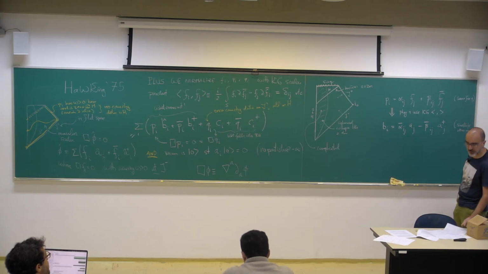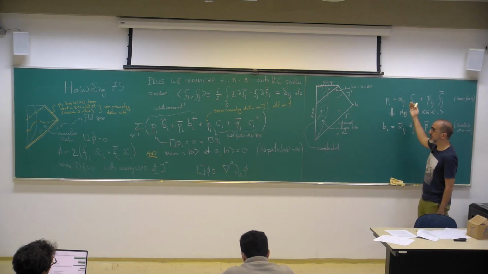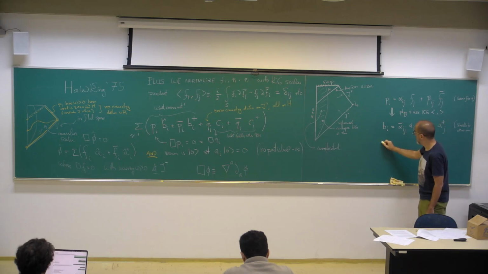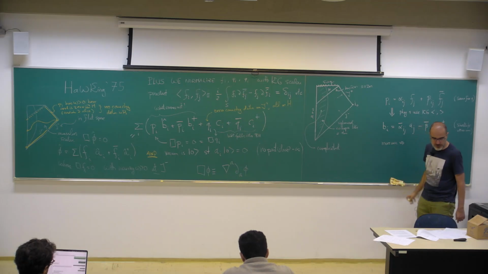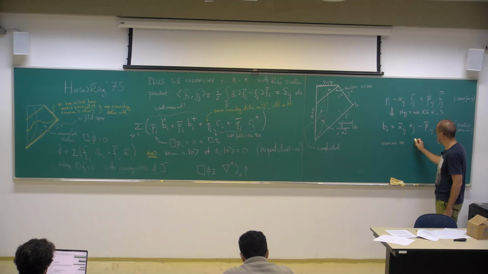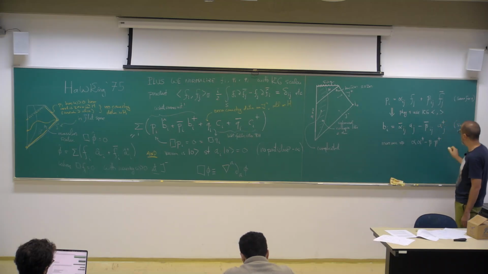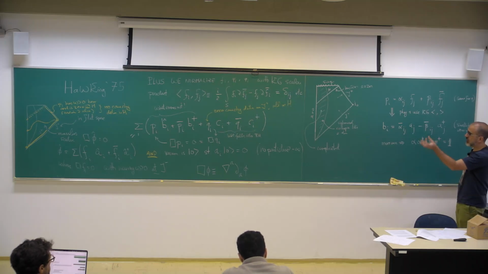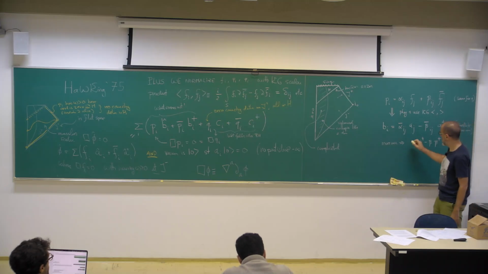Right? Is it okay? Moreover, the fact that it is just a change of bases also implies the following relation that we are going to use in a second: if I have this matrix alpha times alpha dagger minus beta times beta dagger as matrices, this is just the identity. Okay? This is just the fact that we can change bases. It's just a change between two orthonormal bases, so you can easily see that this relation also follows.